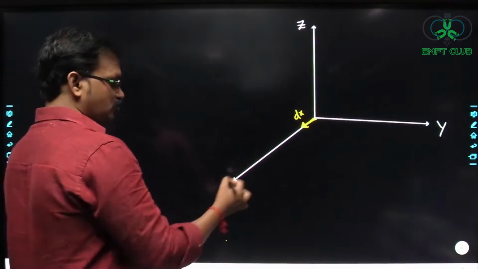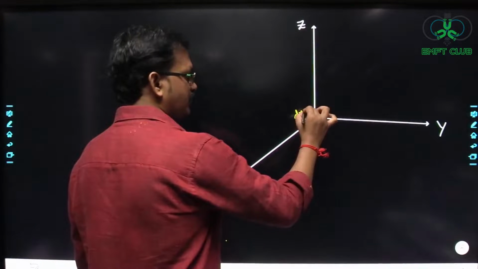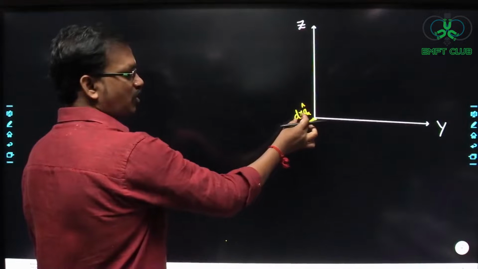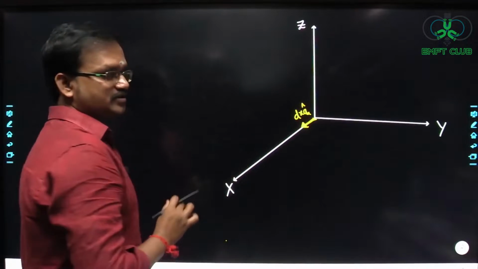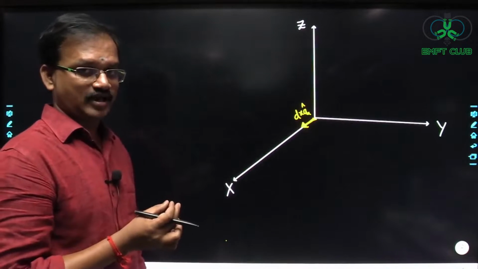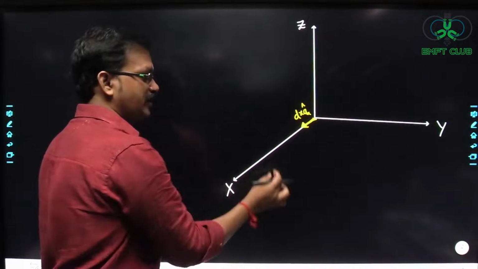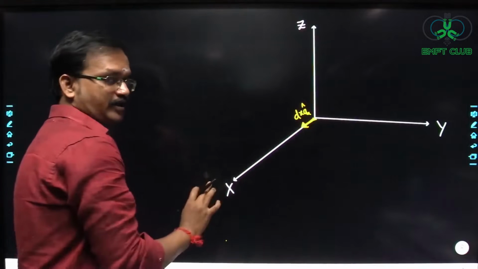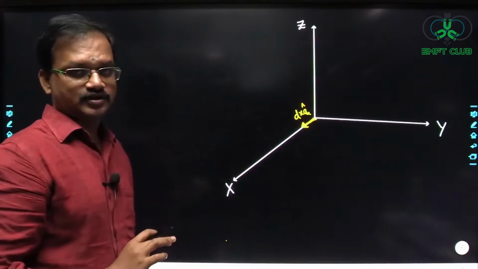So what is the unit vector along x here? The unit vector along x is nothing but ax cap. So this is the small differential length along x direction, that is dx ax cap. So dx is the small differential length, ax cap will give you the direction of that small differential length. So that is along x direction, right?